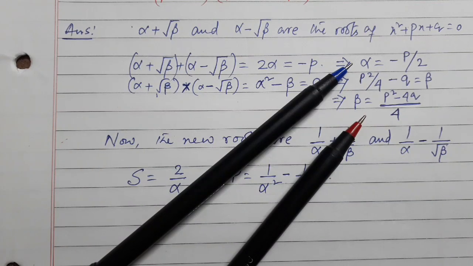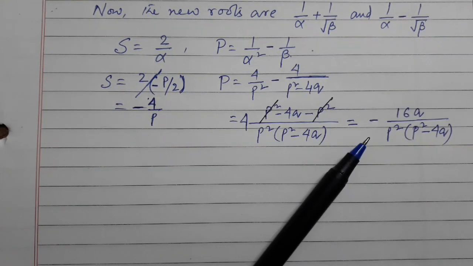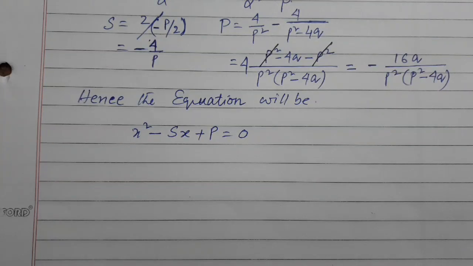Now in this s and p we can apply the values of alpha and beta, hence we can get s equals to minus 4 by p and p equals to minus 16q by p square into p square minus 4q. Hence the equation will be x square minus s into x plus p equals to 0.